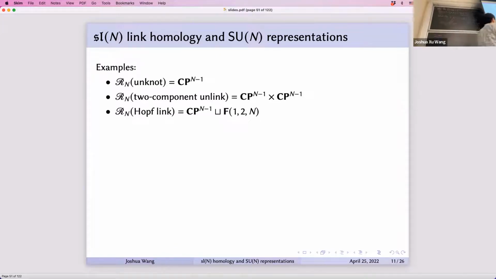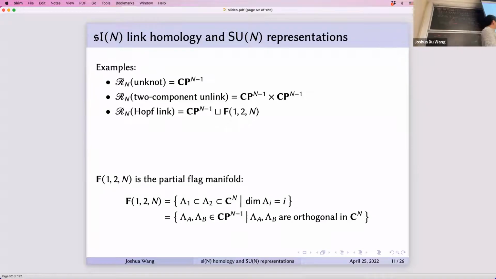For the Hopf link, there are now two components. One component is a copy of CP^(N-1), where the two arcs go to the same line. But then there's another component, and that other component is a partial flag manifold.